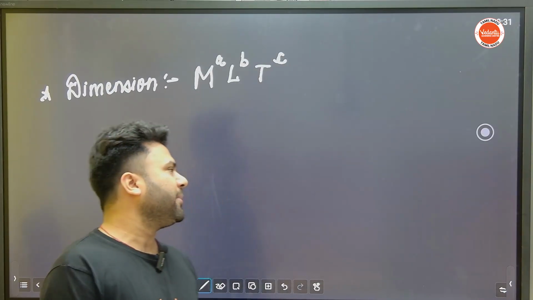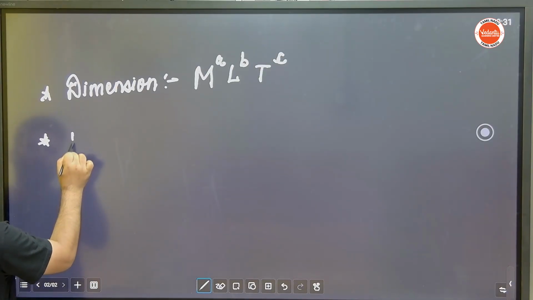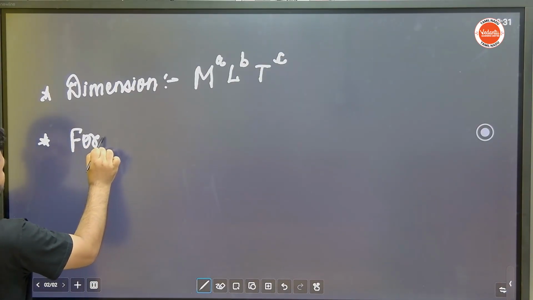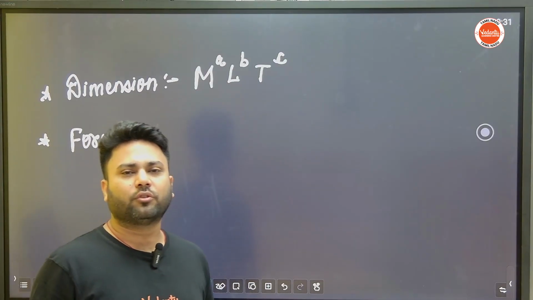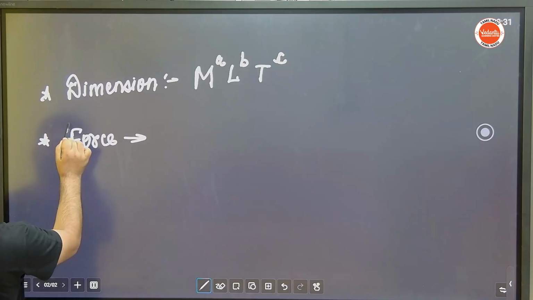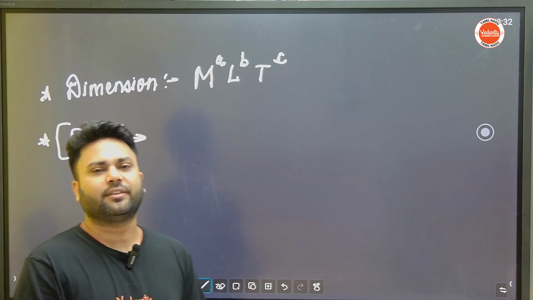Just one example I am giving, like for example, force. If they ask what is the dimension of force, they write like this. Dimension of force. This is the symbol for the dimension.